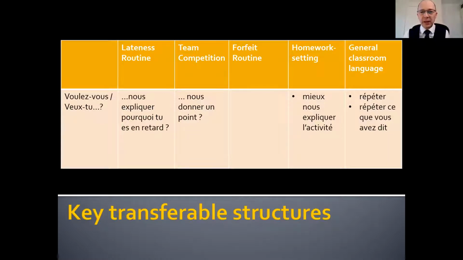So, "voulez-vous répéter" is good, and then I can swap the répéter for other verbs when they're asking me to do something. "Voulez-vous répéter ce que vous avez dit?" is the development of that. We mentioned earlier, "est-ce que je peux avoir une meilleure explication?" The next step for that one is this expression here for homework setting. "Voulez-vous mieux nous expliquer l'activité?"